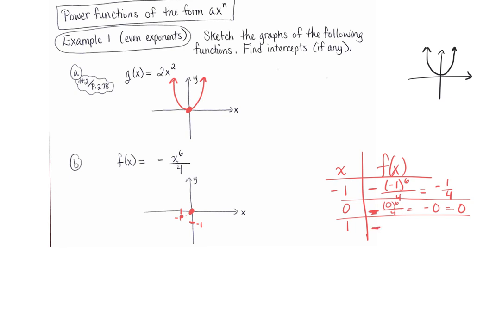So you have the negative hanging out, but then you would do 1 to the 6th over 4. So this will give you -1/4. So you have 1, -1/4. And then you sketch the graph. And that's your graph. This is the graph of -x to the 6th over 4. What questions do you have?